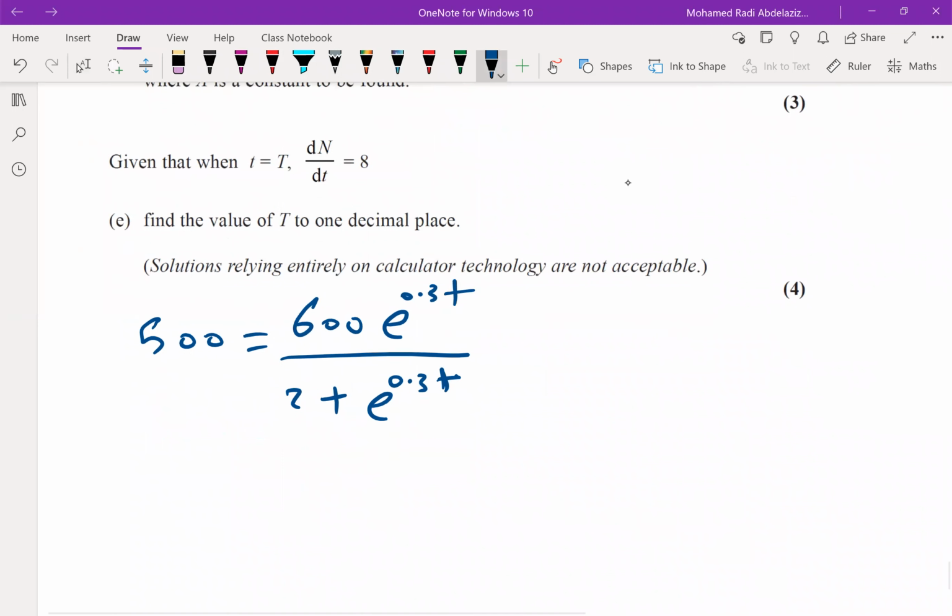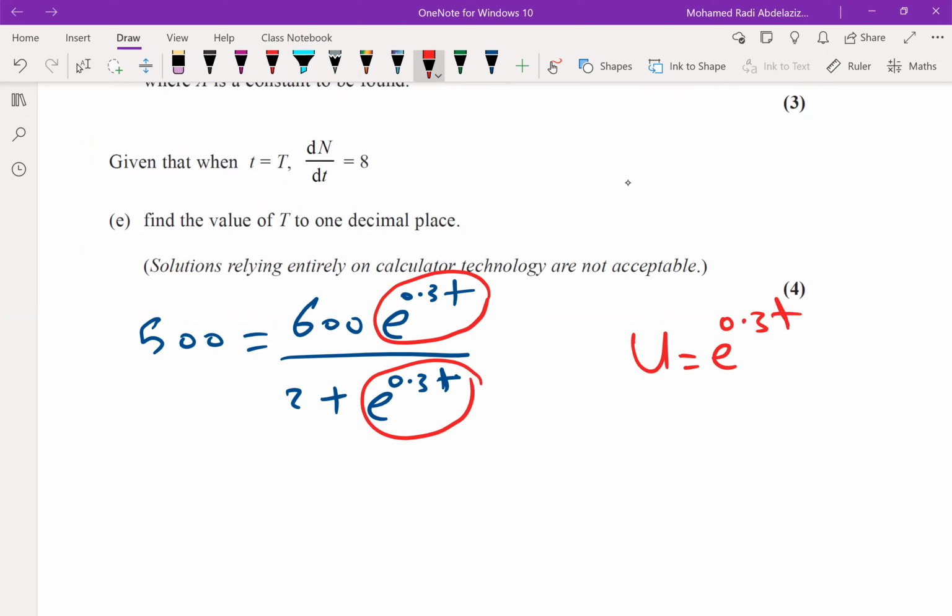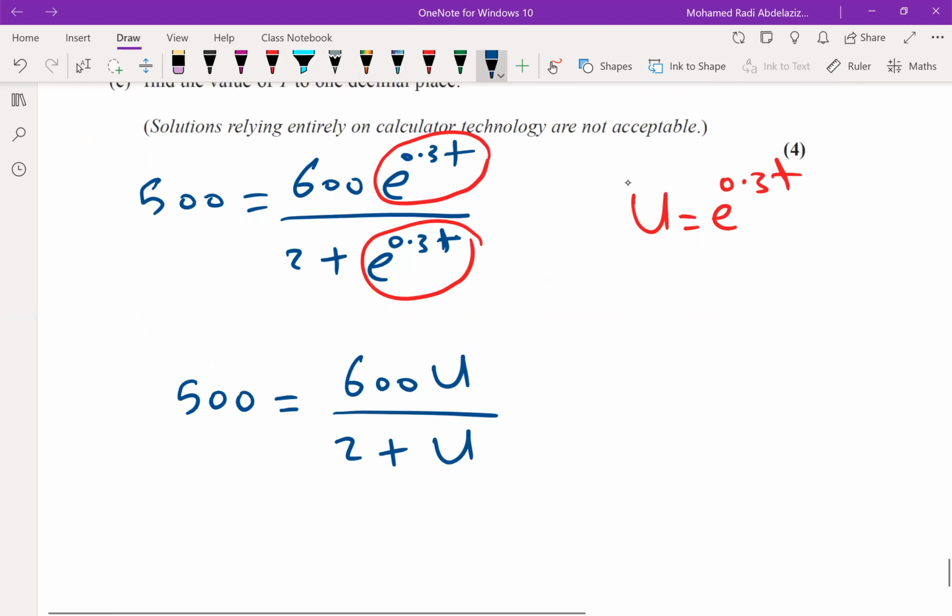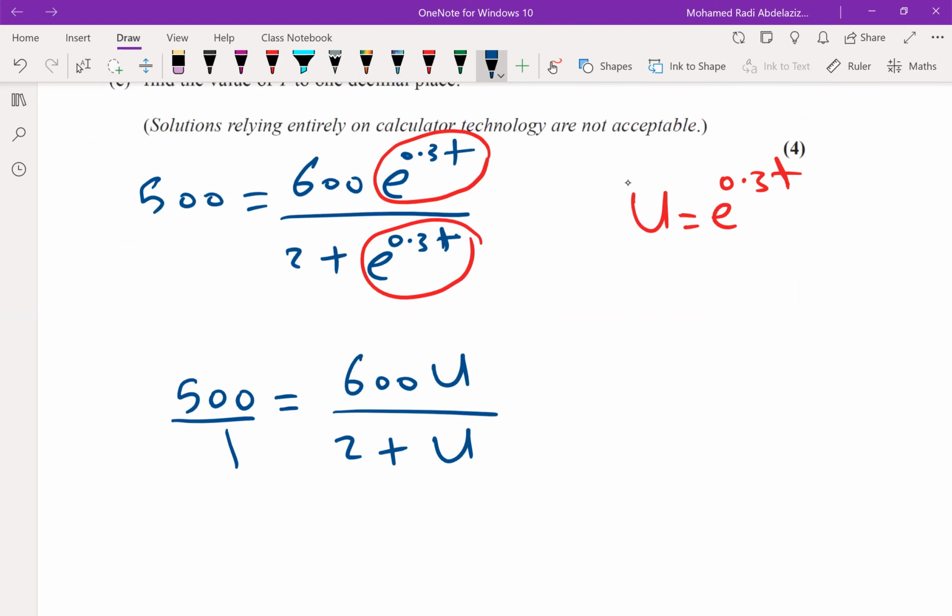How to solve this equation? Just remove this part and name it u. Let u be equal to e to the power of 0.3t. Then 500 is equal to 600u divided by 2 plus u, cross multiplication.